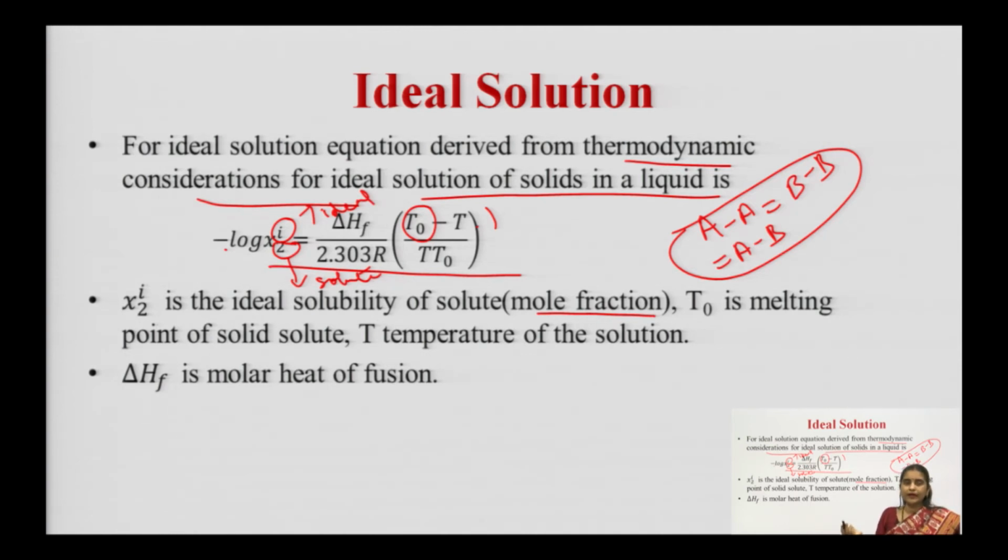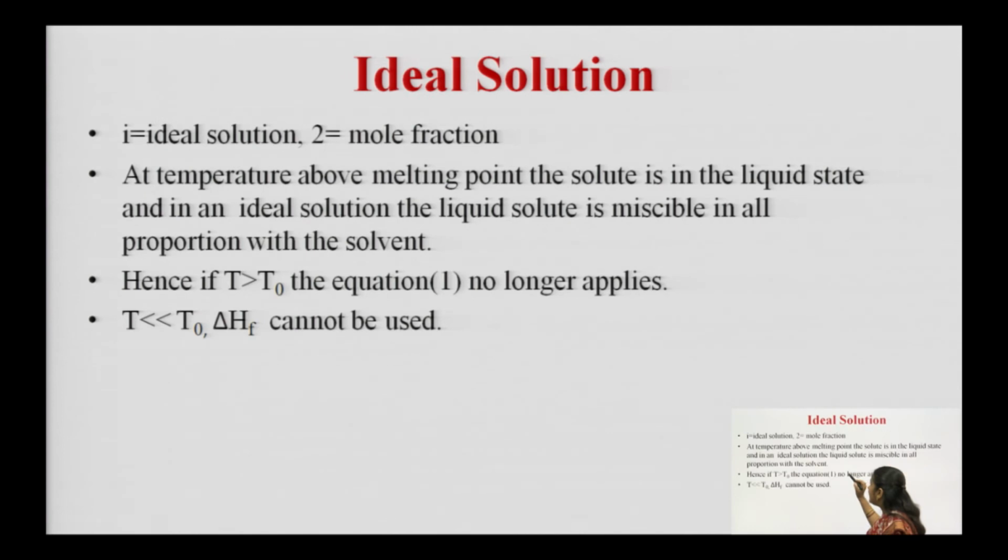As we are dealing with an ideal solution, a liquid solute is soluble in the solvent in all proportions. In that case this equation will not apply, and if T is much smaller than T0, then this equation cannot be used.